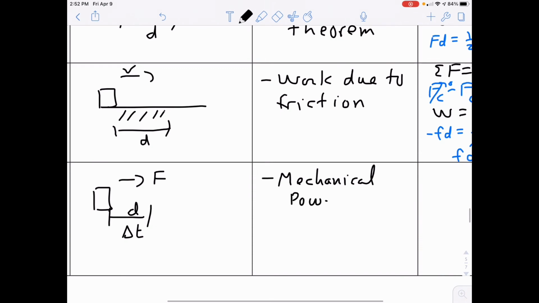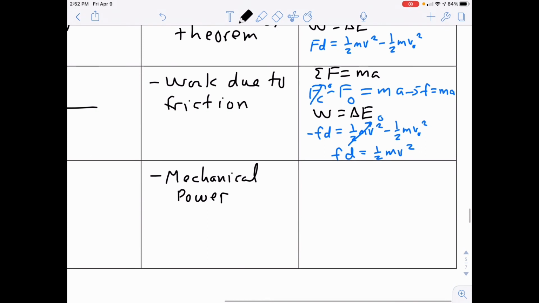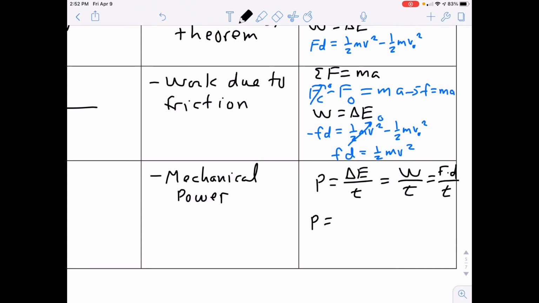Power is the rate at which work is done. And it's the change in energy over time. Usually it's written as work over time. Or, if you remember that work is force times distance, then distance over time is speed. So force times the velocity would be another way to write it.